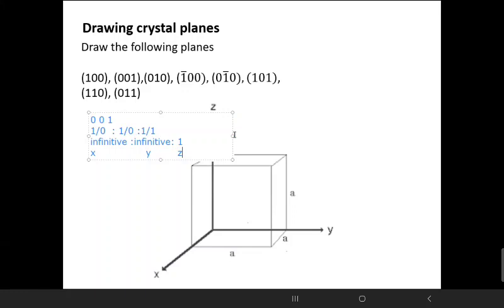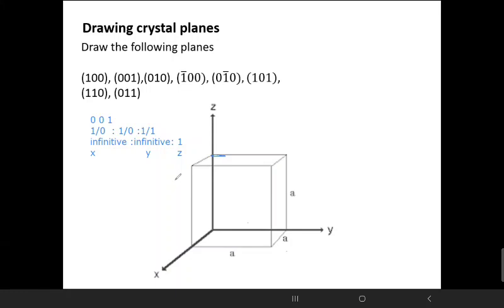So the plane cuts at the point z equal to 1. Where is z equal to 1? That is here. And x is infinity, y is infinity. So the plane lies on the xy plane.